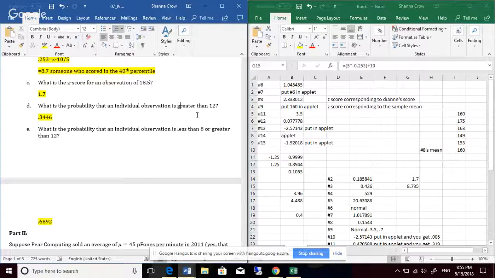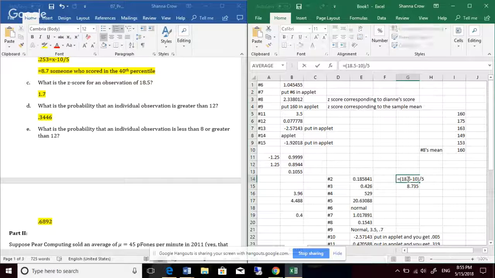Okay. So for this one, it's looking for the individual observation is greater than. So is that the same? Yeah, so observation just means X. They'll say observation or value or anything like that, and it's what you plug in for X. So it's the same formula I just did.